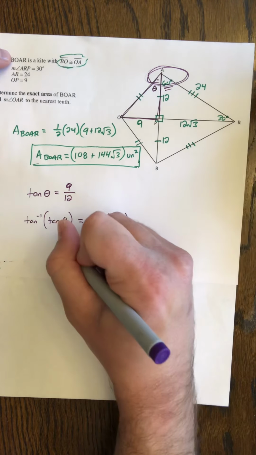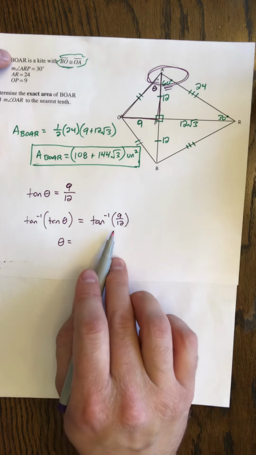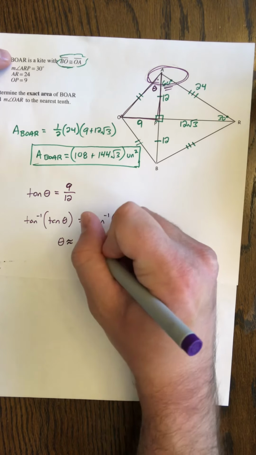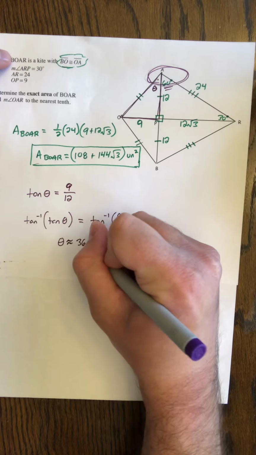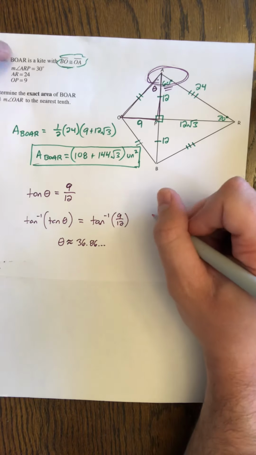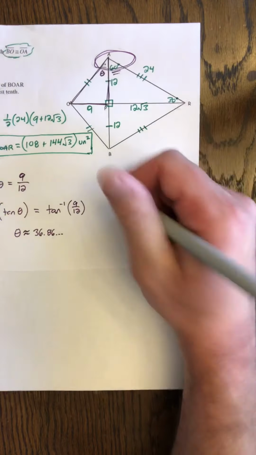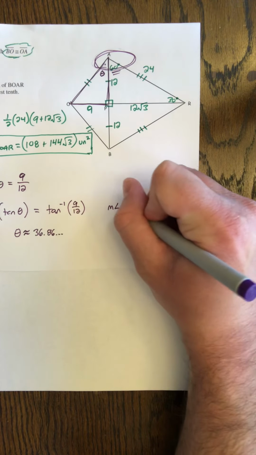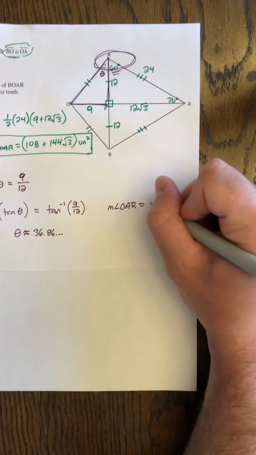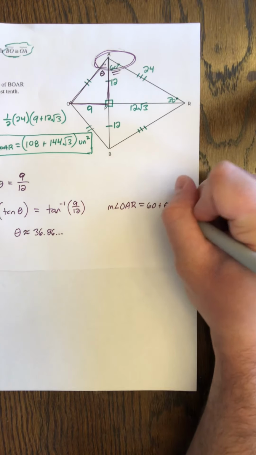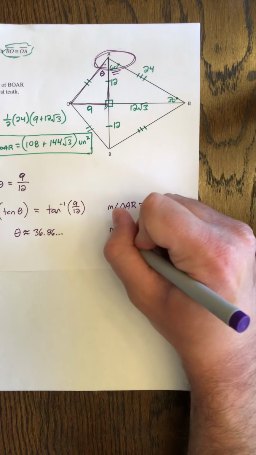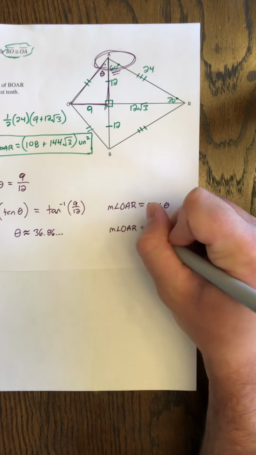So theta is equal to the inverse tangent of 9 out of 12, which is approximately 36.86. The measure of angle OAR is going to equal 60 plus theta.